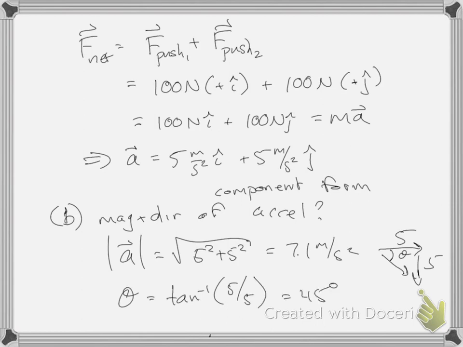Now, we're not done, right? Because it's 45 degrees down from plus x direction, or in the direction from plus x toward plus y, it's 45 degrees south of east, something like that. If we put a south, east, north on it, south of east, for example. Okay, so that's a very, very basic Newton's second law problem.